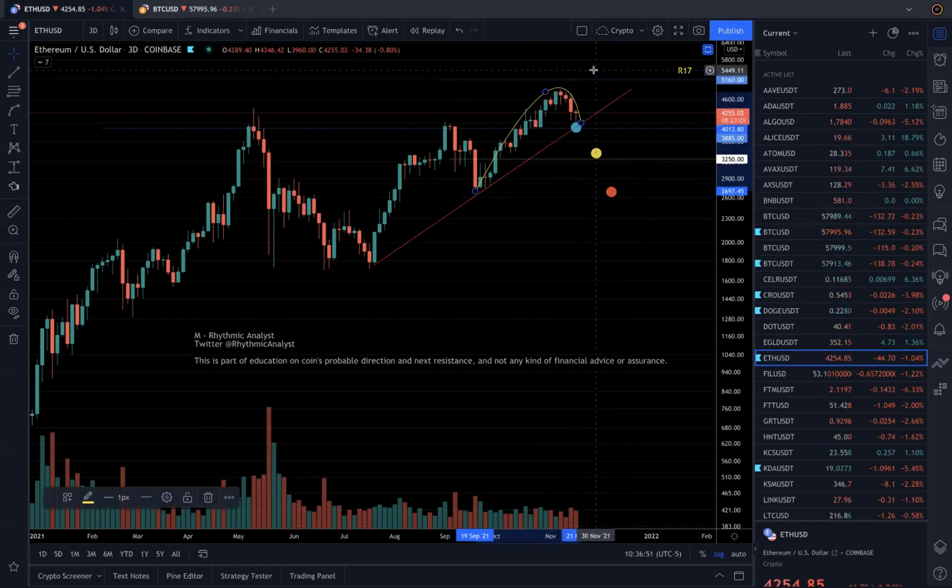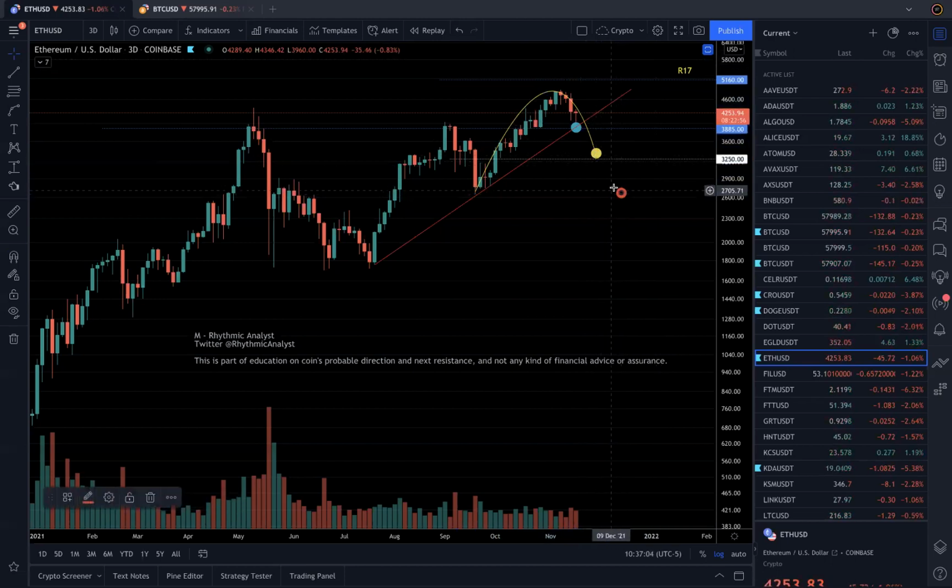And then it could go up like this, or it will touch this, then bounce. The bounce will then again go up, similar to Bitcoin, and otherwise it will continue going down like this. I hope the levels are clear to you. This is important, very, very important.